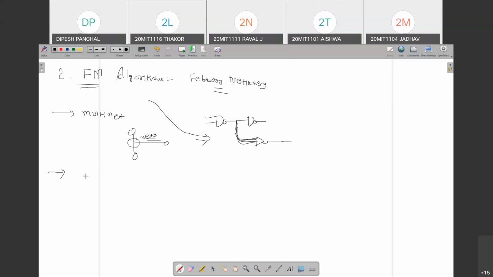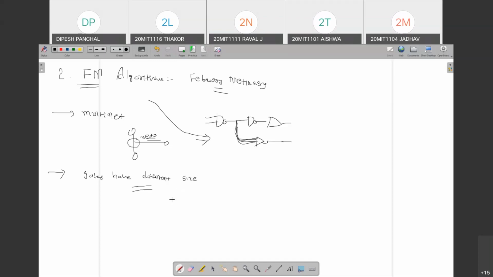Here, the second feature: all the gates have different sizes. What is the size in the KL algorithm? All gates have equal size. But here you can say a NAND gate, NOR gate, any other gate also of different size, and still you can do the partitioning. So all the gates have different sizes.